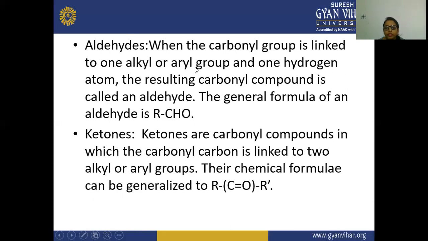So if one side of this carbonyl carbon is bonded to one alkyl or aryl group and on the other side it is bonded to one hydrogen atom, then the carbonyl compound will be your aldehyde, and the general formula of an aldehyde is RCHO.